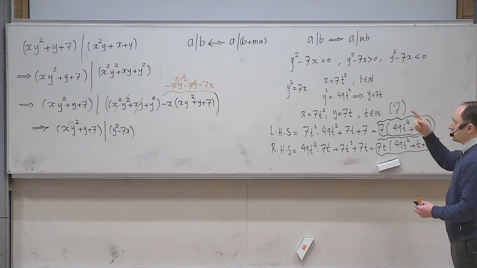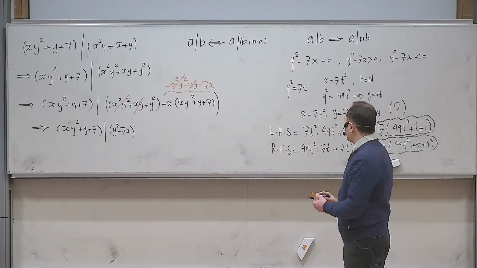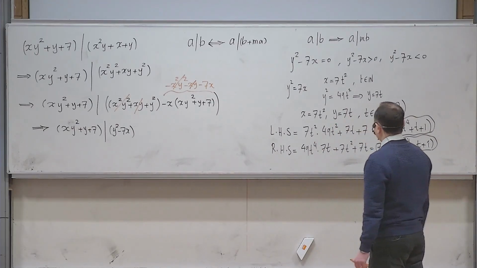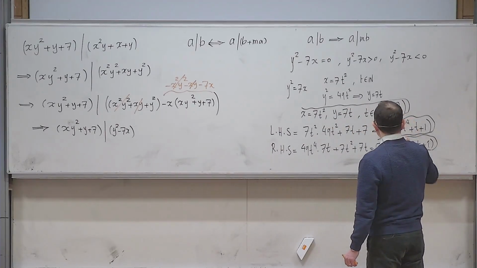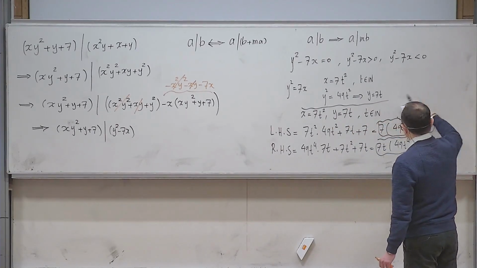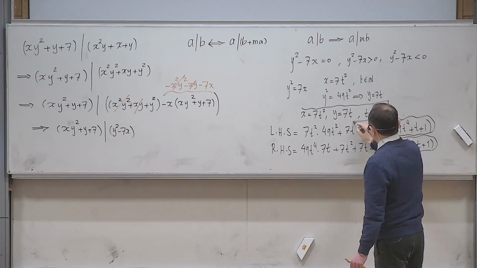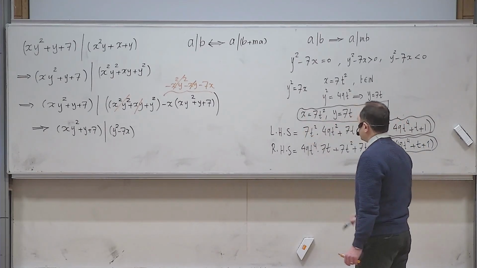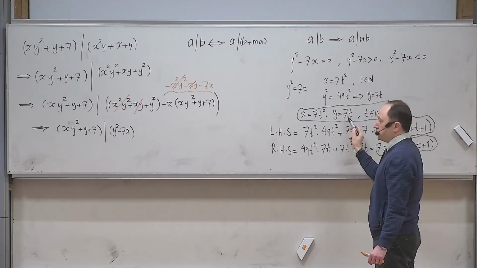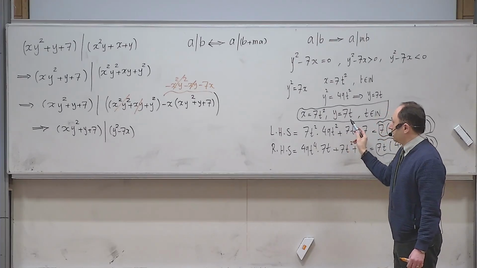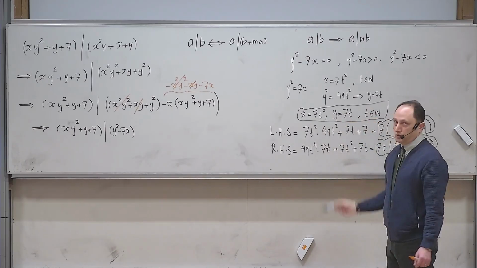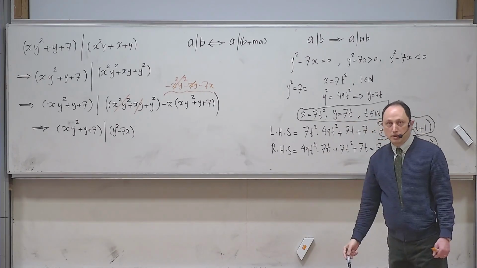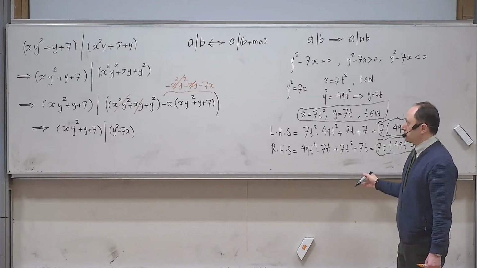So yes, this divisibility relation holds. So I got infinitely many pairs in the set of natural numbers that work. I don't need to put a question mark anymore. So that is an acceptable set of solutions. y should be a multiple of 7, and x should be 7 times that multiple squared. It gives me infinitely many choices. All of them are accepted.